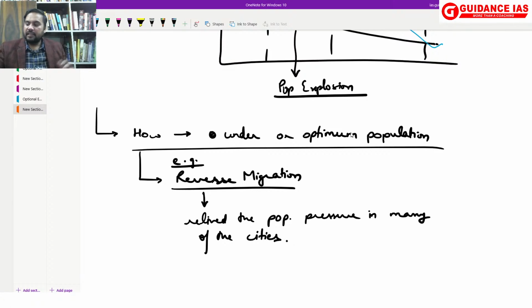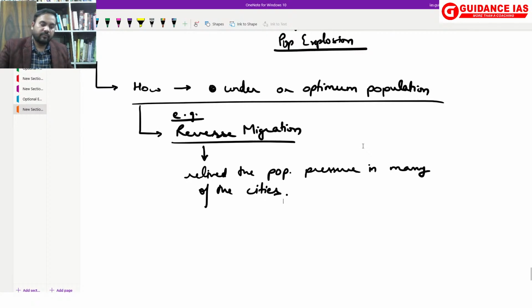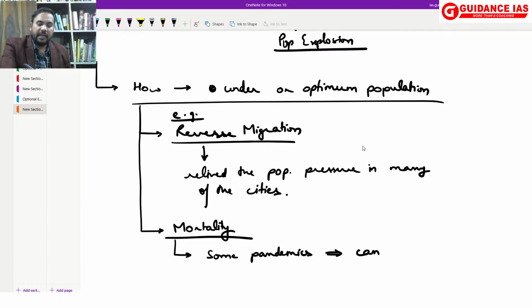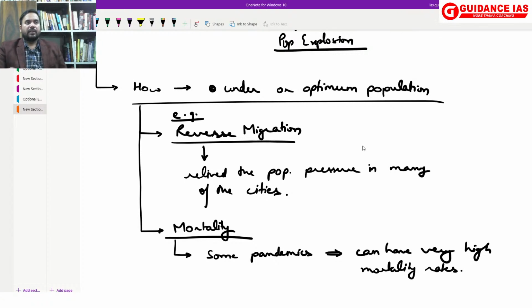Okay, other things can also be there, like for example, you take the case of mortality. Some pandemics, can I say, can have very high mortality rates. You can give examples of the past pandemics, like plague pandemic in Europe.